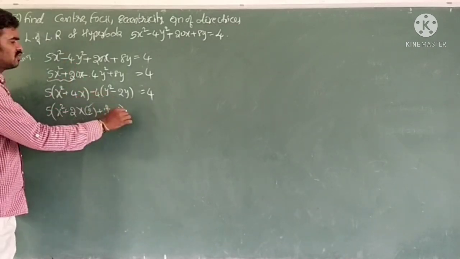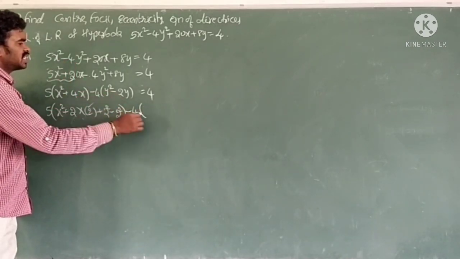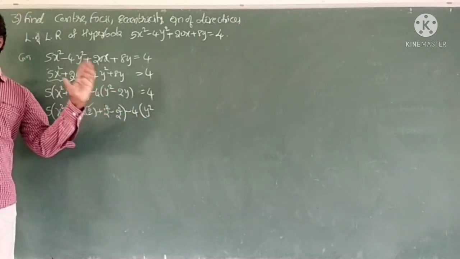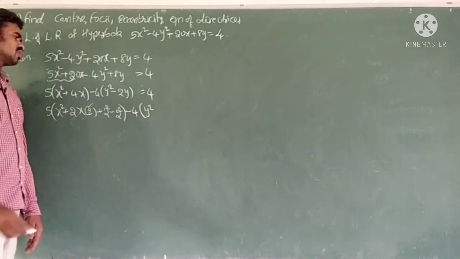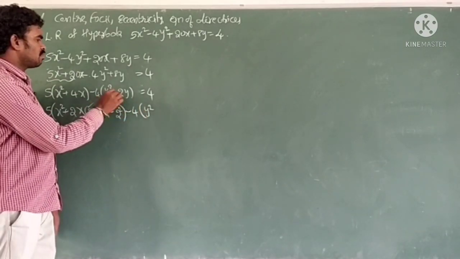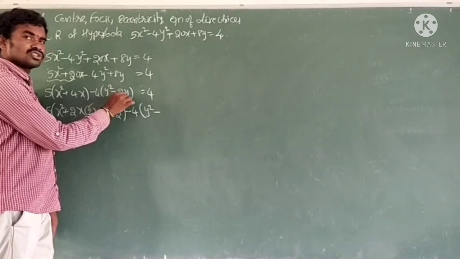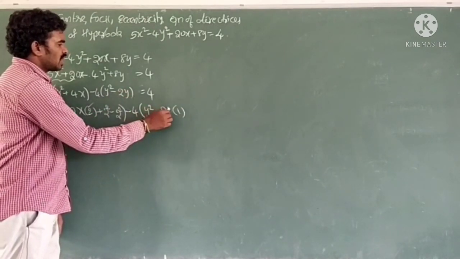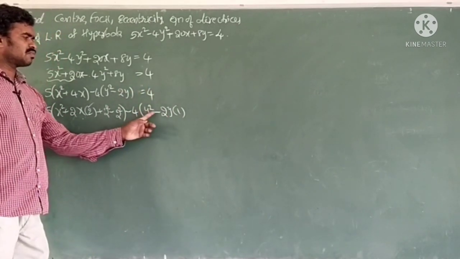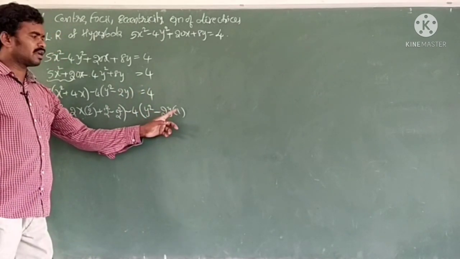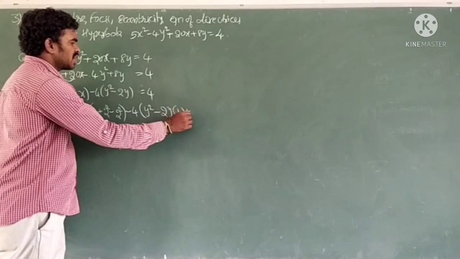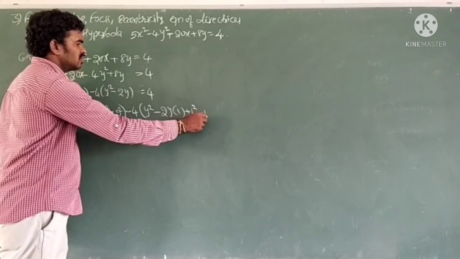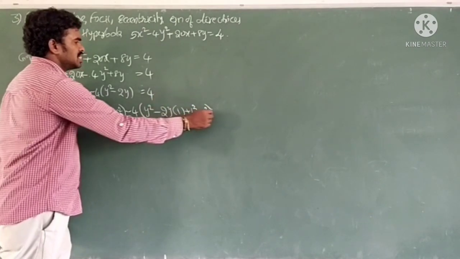Next minus 4, after that y square minus 2y, which can be expressed as a square minus 2ab plus b square. To write 2 into something, 2 can be written as 2 into 1, and y means y. So in the a square minus 2ab formation, here b means 1, plus b square is needed, means 1 square is needed. So we add 1 square and subtract 1 square, and it is equal to 4 as it is.